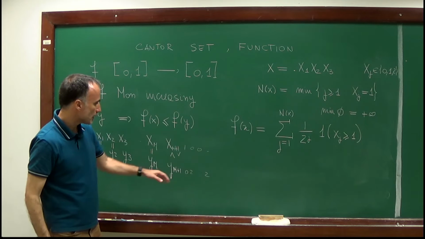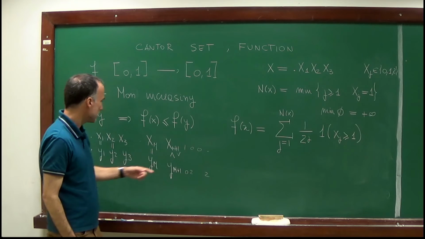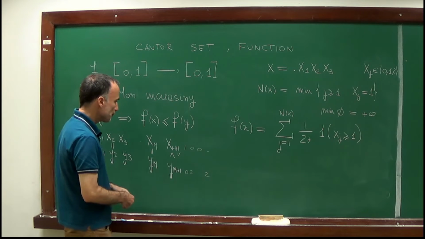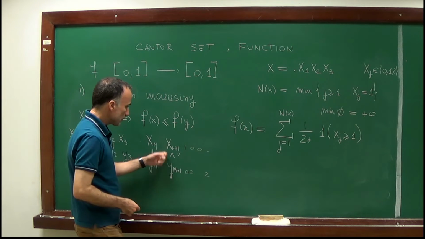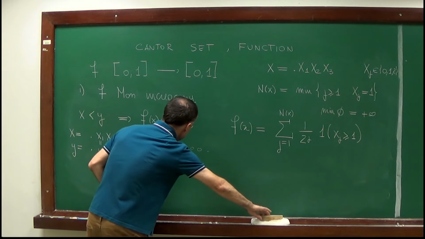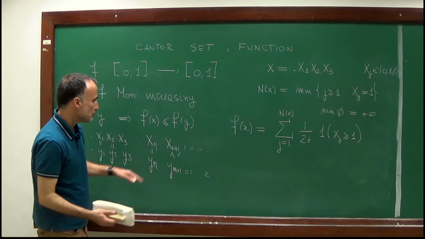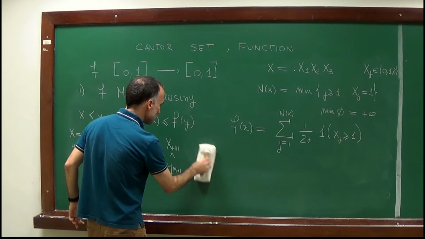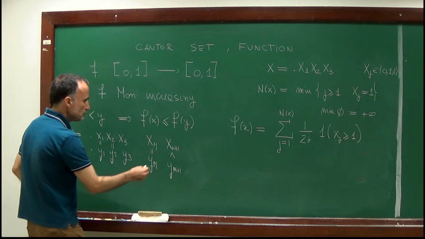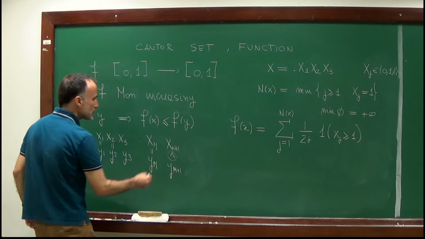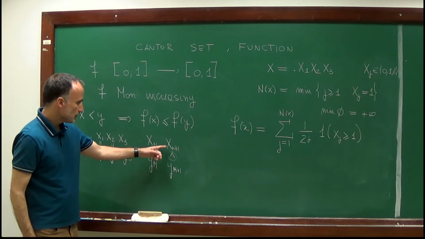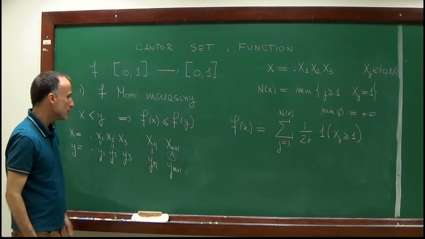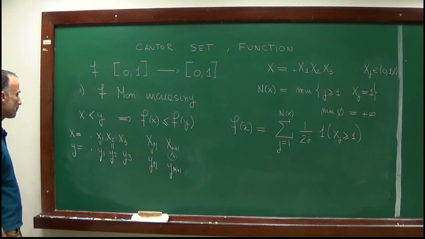This is the worst possible case, but in this case they are equal, and I'm assuming that they are different. So if they are different, we need to have that xm plus 1 is smaller than ym plus 1. If I wasn't clear, please check that we necessarily have that xm plus 1 is smaller than ym plus 1.